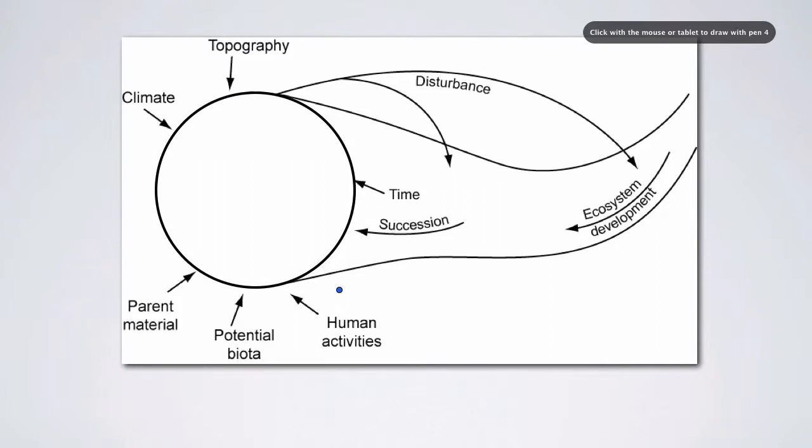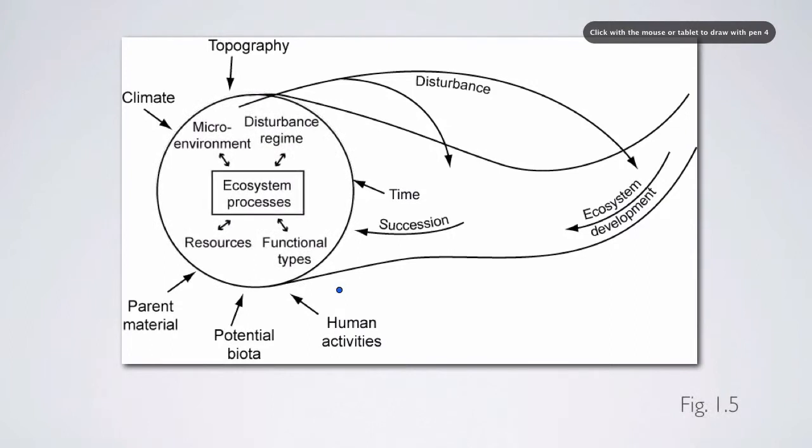All of these are state factors. They're external to the ecosystem for all intents and purposes. On the inside, we have our ecosystem processes that are happening, and these are also under control of different things that are impacted by state factors, but also impacted by the ecosystem processes themselves. They're within the feedbacks of the ecosystem.